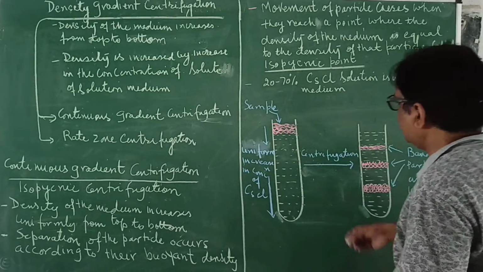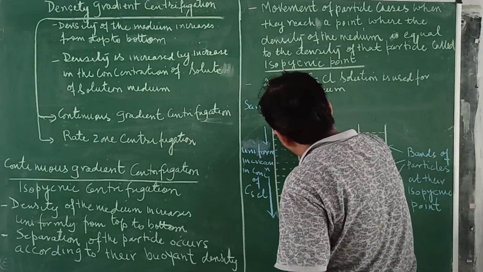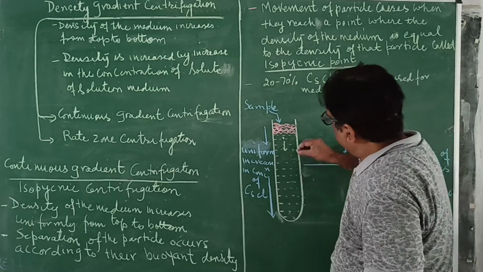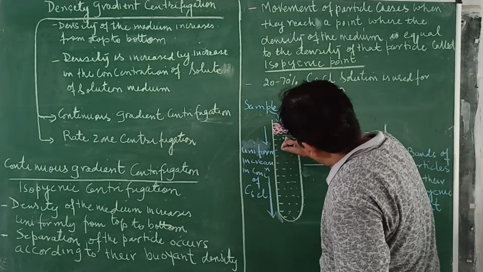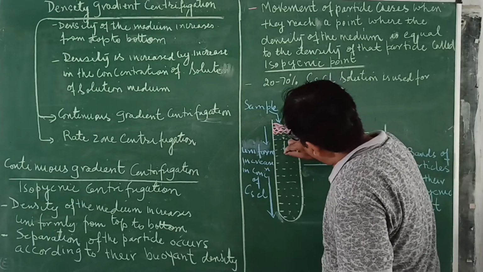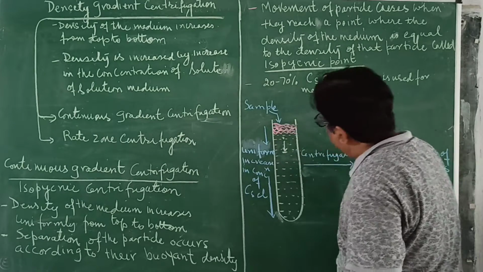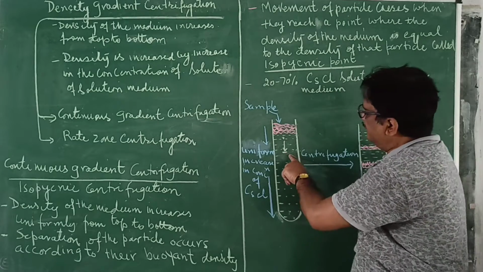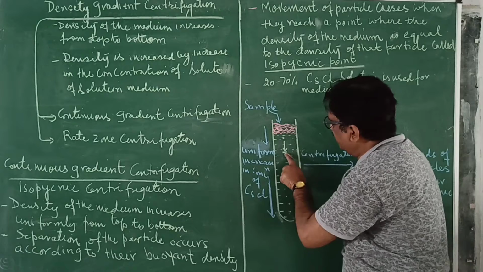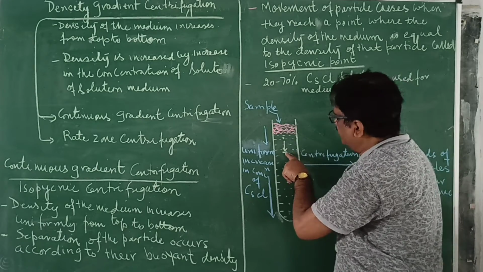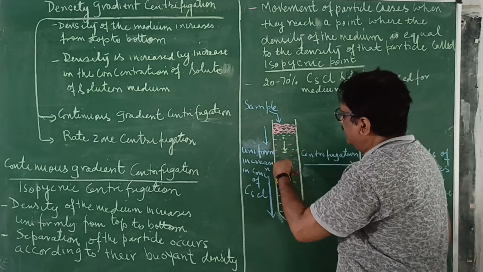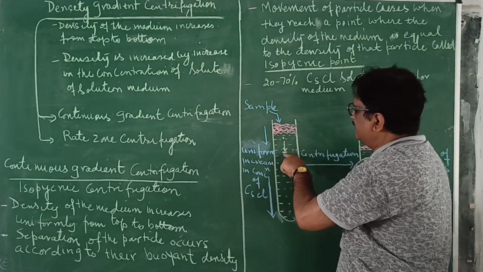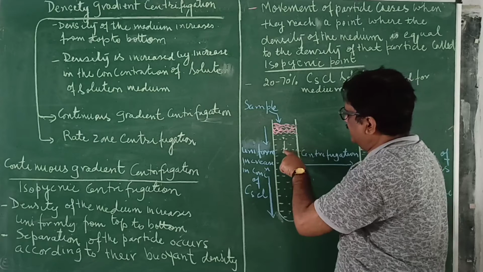Suppose a particle is moving down the medium towards the bottom, and it moves this distance and stops here. That means the density of the medium at this point is equal to the density of that particle.